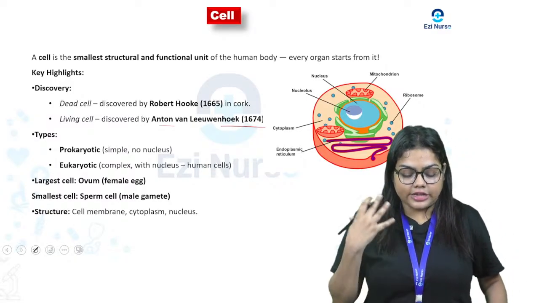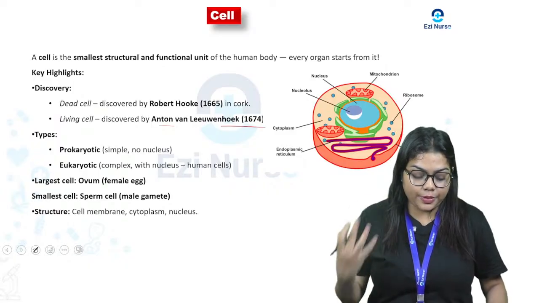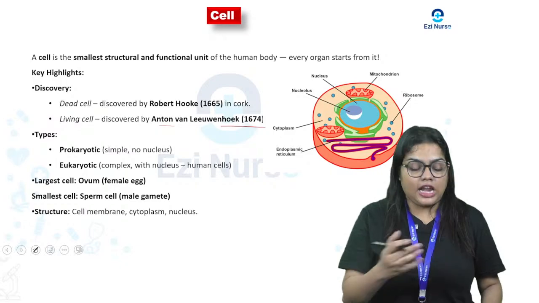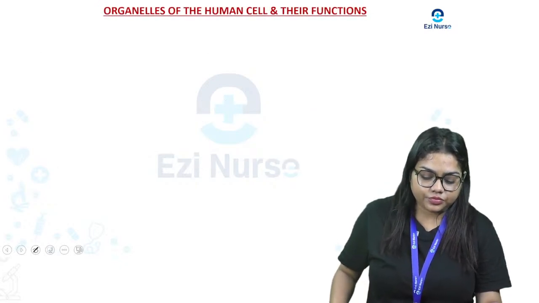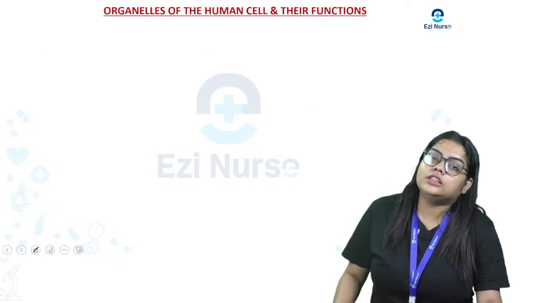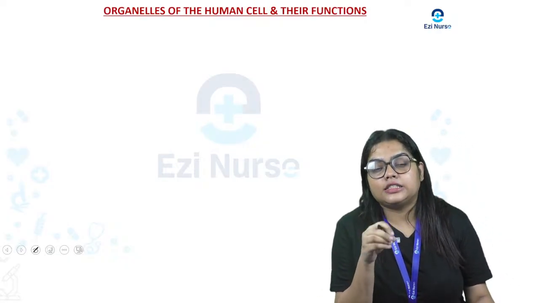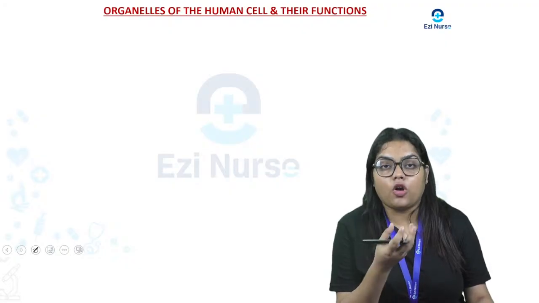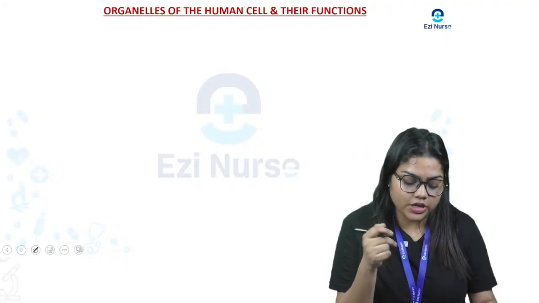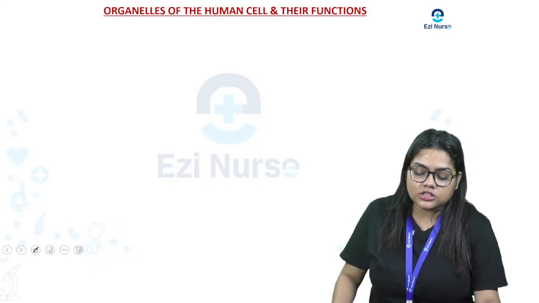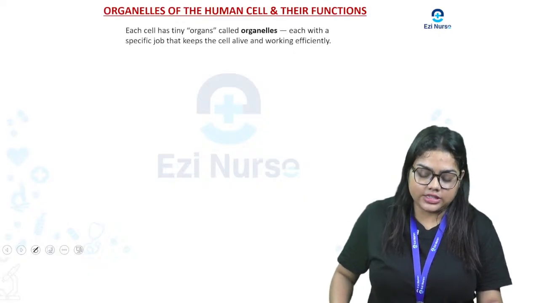So the cell is structured with a cell membrane, cytoplasm, nucleus and other organelles. So what are organelles? In the smallest unit, the cell, there are some particles which work like organs inside the cell. For them we use the name organelles. So we will discuss the organelles of human cells and their functions.